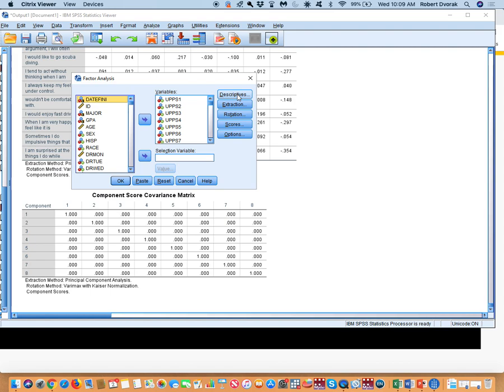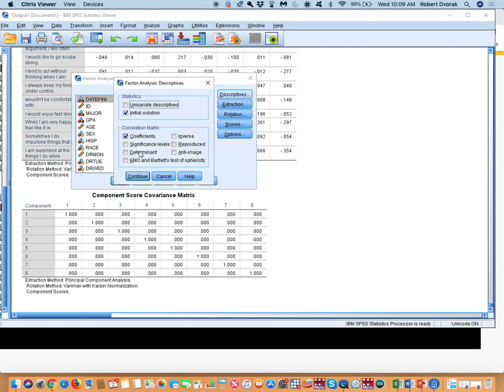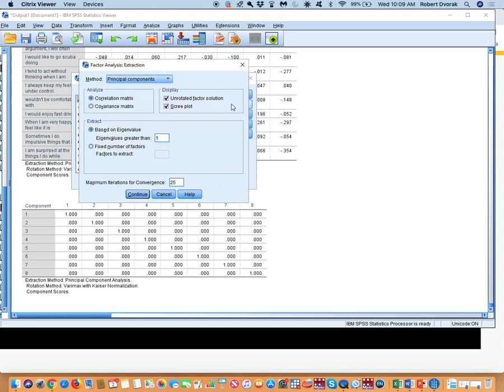You remove variance, and you only focus on shared variance, which means you wind up getting better loadings on each factor, right? Your factor loadings will increase, and you wind up having more discrete factors, right? Less error in your models in general. So descriptives, coefficients, we will leave all that the same.